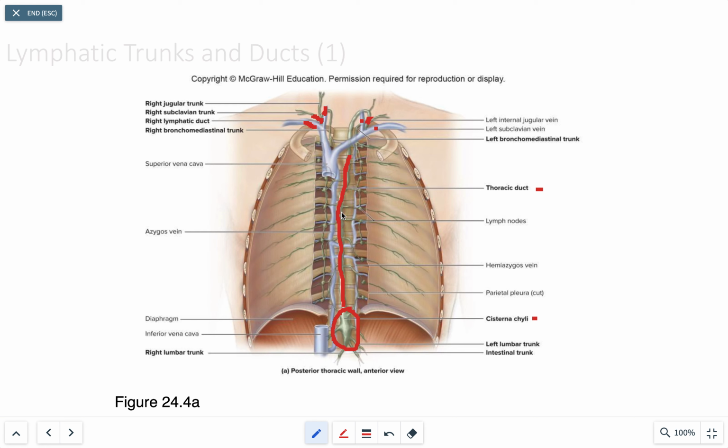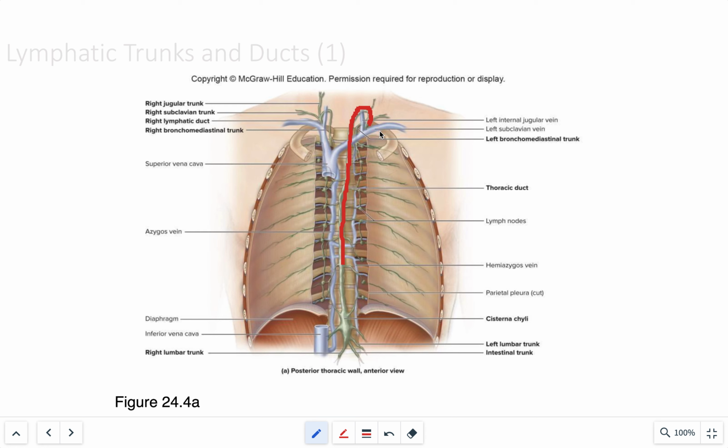It is going to return the lymph drainage between the left subclavian here. So we'll have drainage coming up the thoracic duct, and then it's going to return the drainage between the left subclavian and the left internal jugular vein.